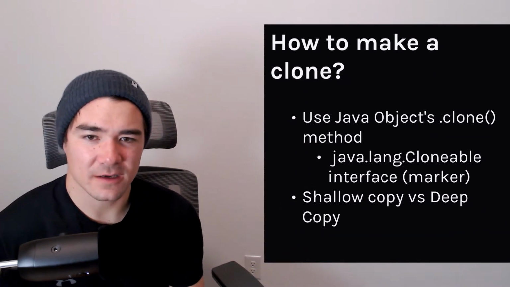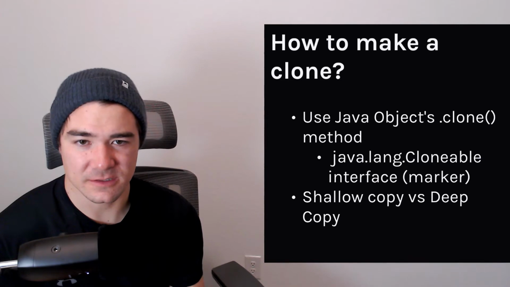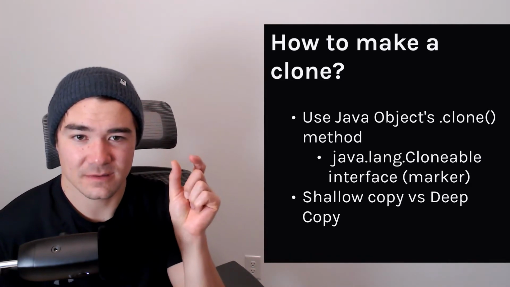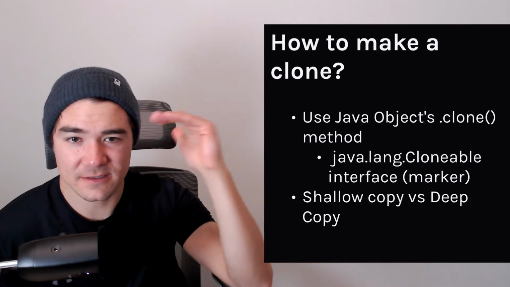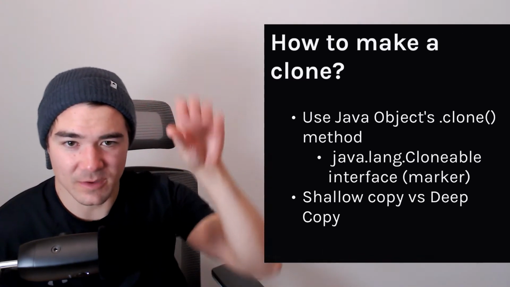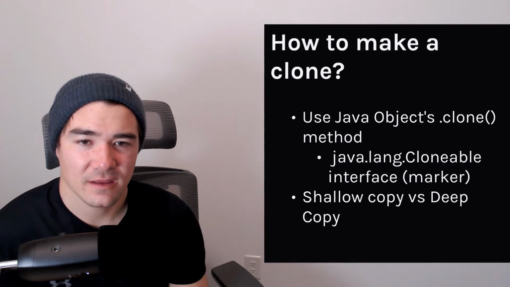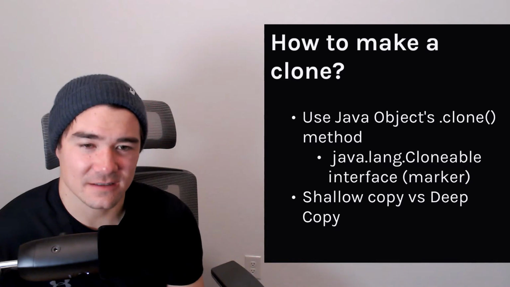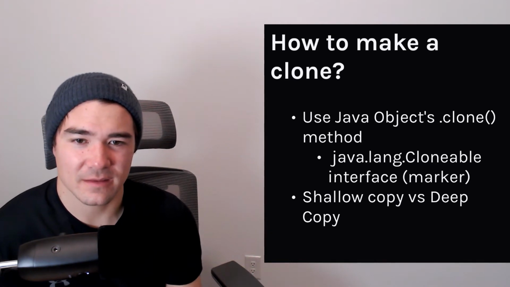Okay, so how do we make a clone in Java? Java actually supports this out of the box on the Object class, the very top of the inheritance tree. The very top object in Java is java.lang.Object, and it has a .clone method.